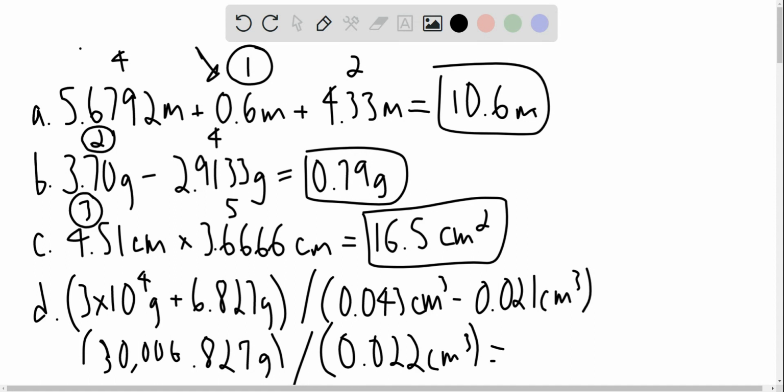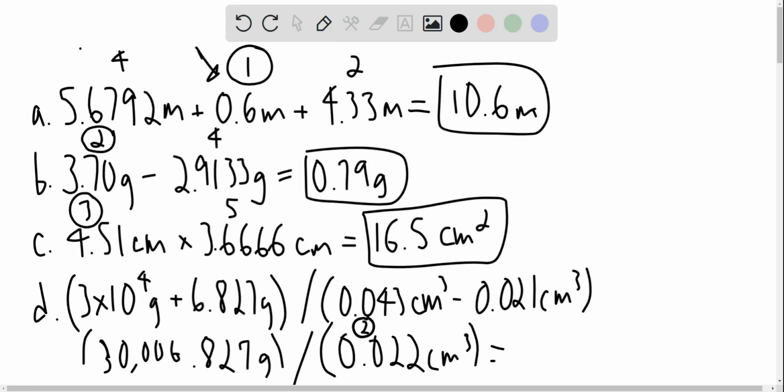Now here we have, as you can see, our least number of sig figs is on the second number here, 2 sig figs, right? And this one is just a lot of sig figs. We're not even going to count. So let's just do the calculation real quick. It'll be 30,006.827 grams divided by 0.022 centimeters cubed.